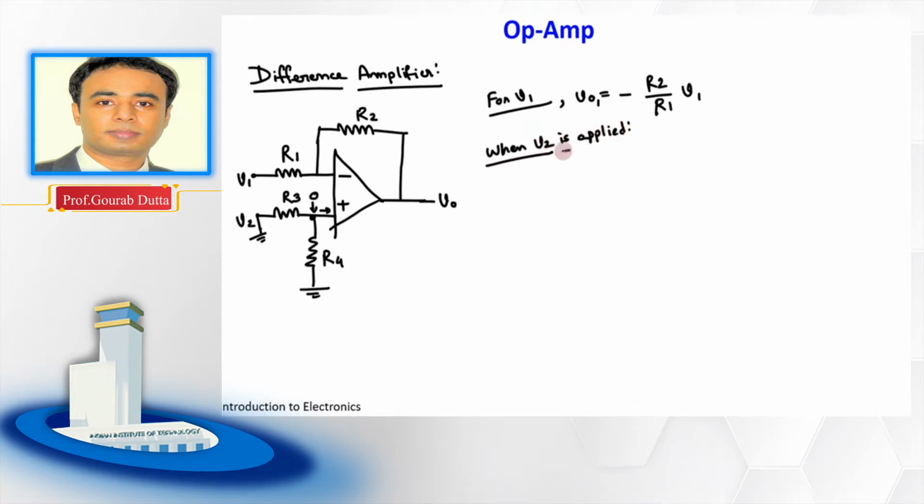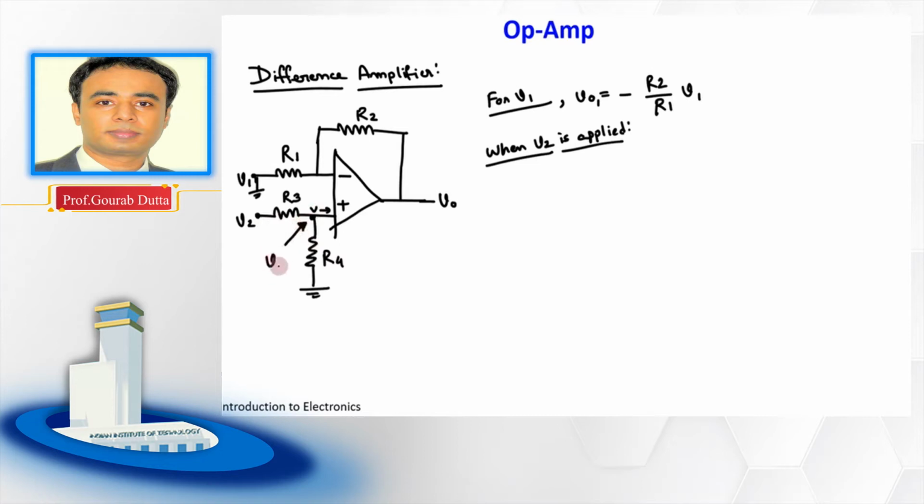So when only V2 is applied, right, then in place of V1, we have to ground it, right? Isn't it? Superposition. So when V2 is applied, you can see this is grounded, right? And we have applied here this V2. So now this potential is no longer zero, but you can use the voltage division rule to find what is the potential here, right?